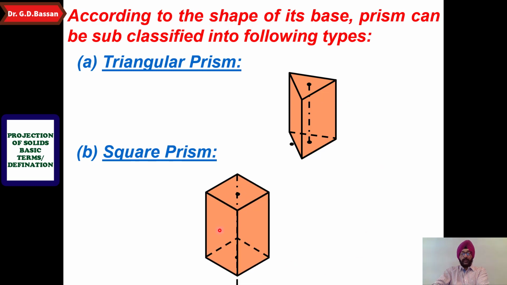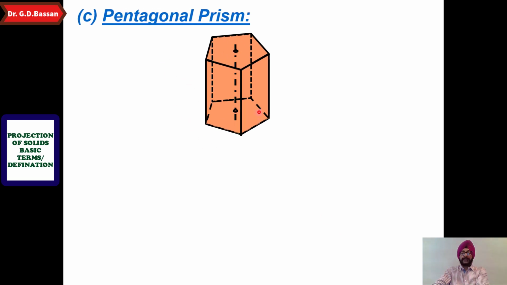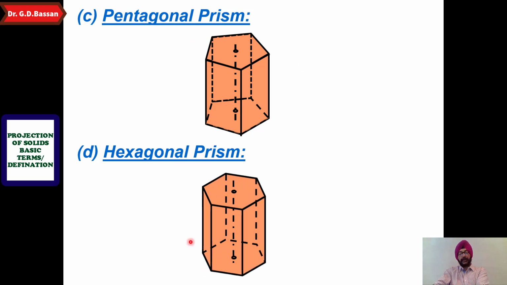When the bases are squares, it is called a square prism. When both bases are pentagonal in shape, it is called a pentagonal prism. And when the bases are hexagonal in shape, it is considered a hexagonal prism, and so on.